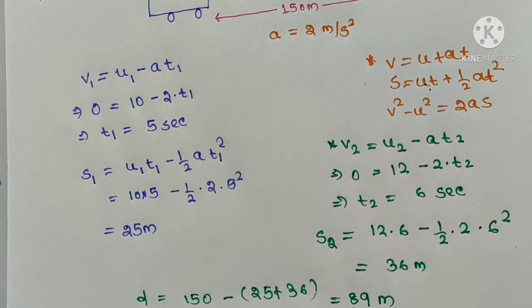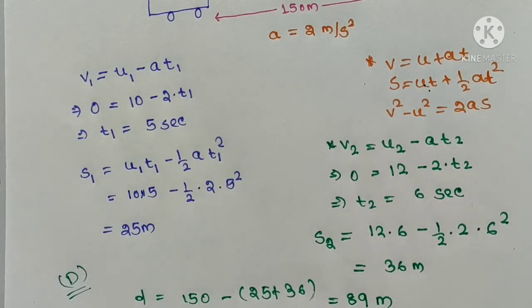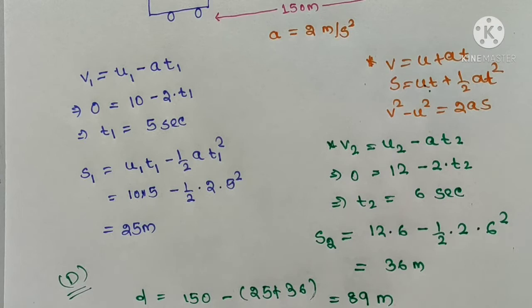So your correct option is option D. The distance between the cars when they have both come to a stop will be 89 meter.